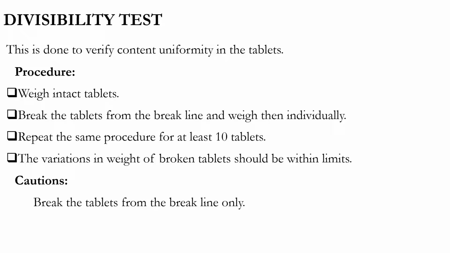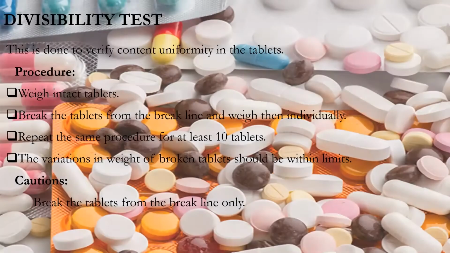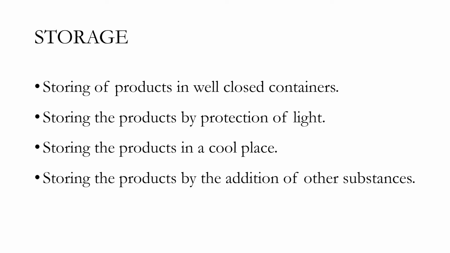Then check the variation, because the total weight of part 1 and part 2 should be equal to the whole tablet. If there is a difference, we need to calculate on the basis of the acceptance criteria, and the acceptance criteria is less than 1%.